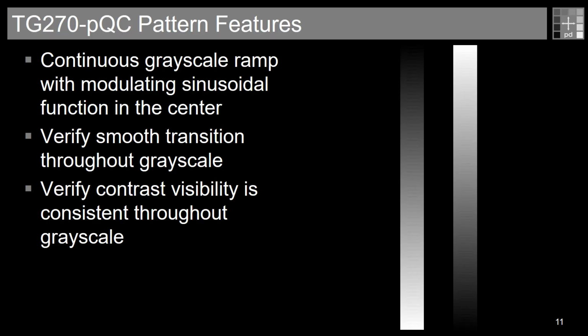If you scan your eye vertically up and down through the pattern, the appearance of that modulating sinusoid should appear roughly constant throughout the entire grayscale. In addition, any bit depth issues or scalloping issues will be visible if a single gray level is miscalibrated or if you're using the incorrect bit depth settings for your graphics card and display.